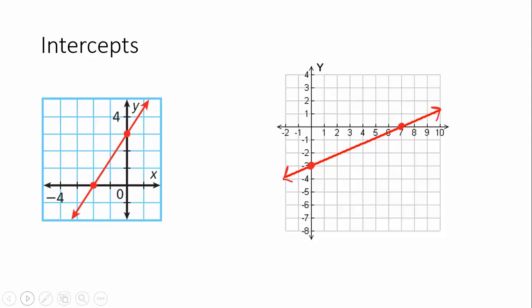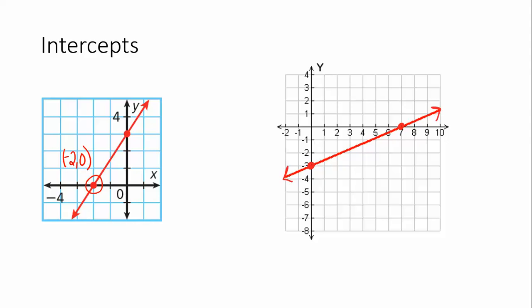So the x-intercept, remember, is the point where the graph crosses the x-axis. So if we look at the graph on the left, you see the x-axis, remember it runs horizontally, and we have the graph, the linear function, intersecting here. If I asked you to name that point, you would probably name it as -2, 0.